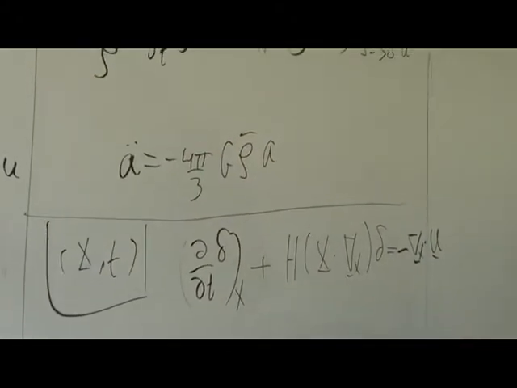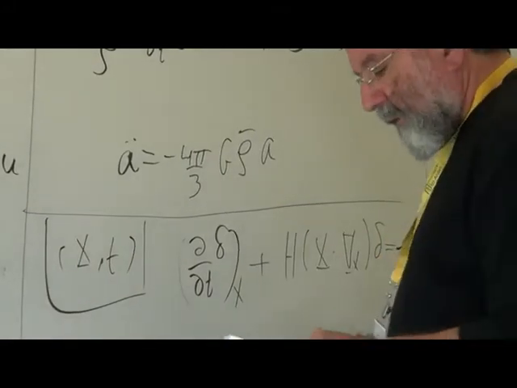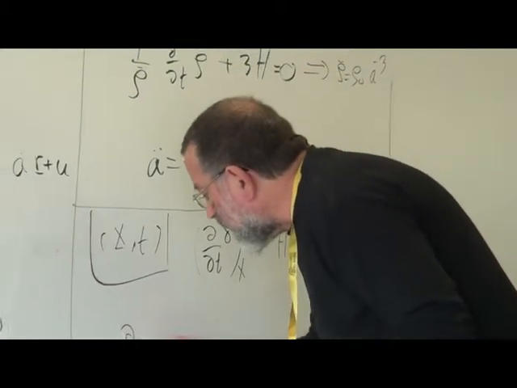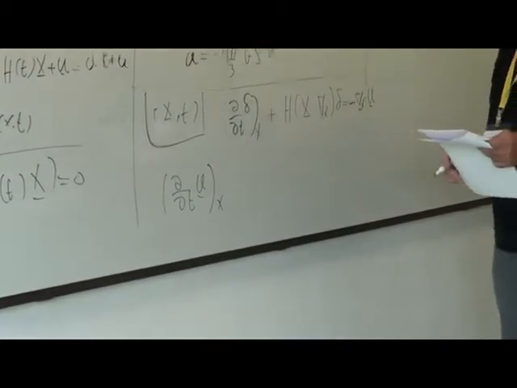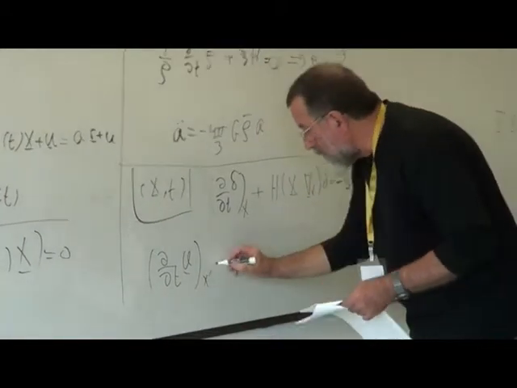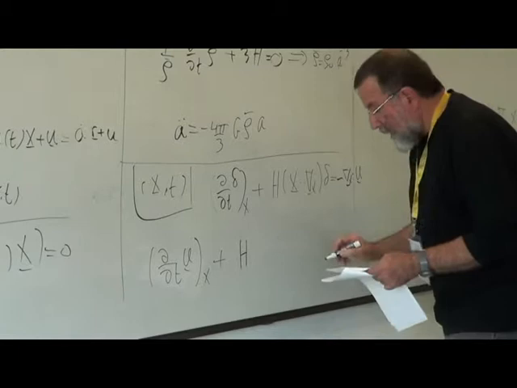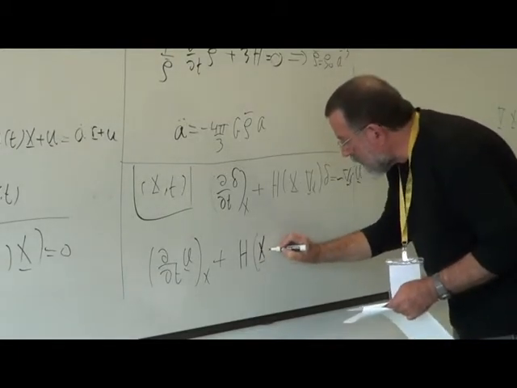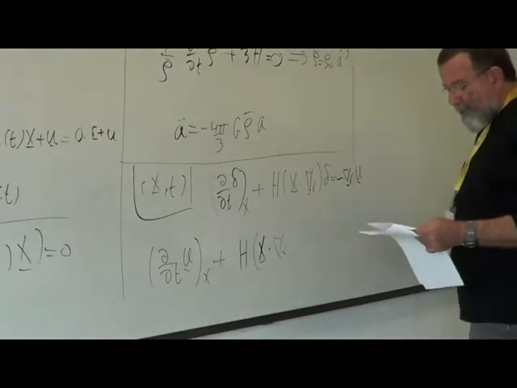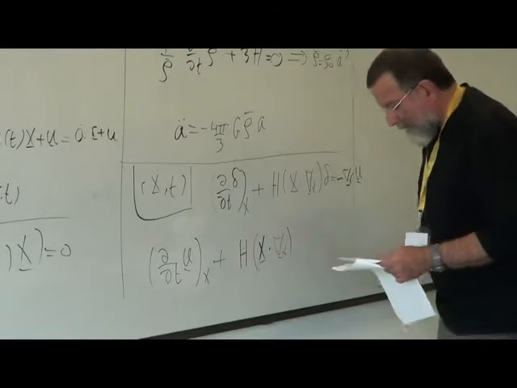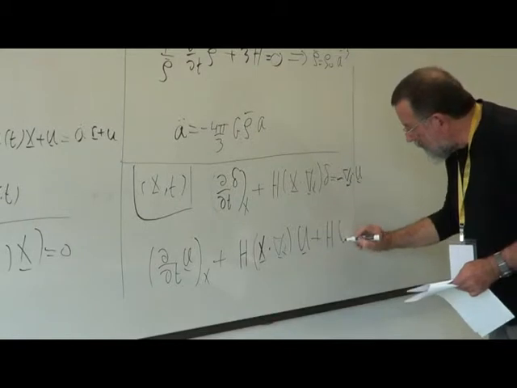Let's go to the Euler equation. The Euler equation is the one for the acceleration, the time derivative of the velocity. So we have here d by dt of u, keeping x constant, plus H x dot, the gradient with respect to x, times u, plus H times u.